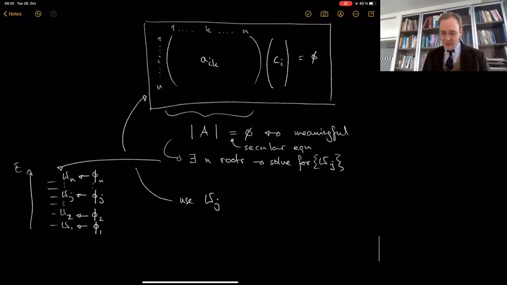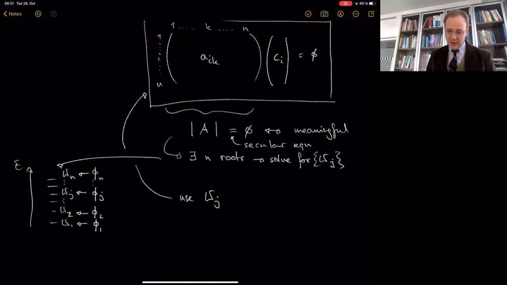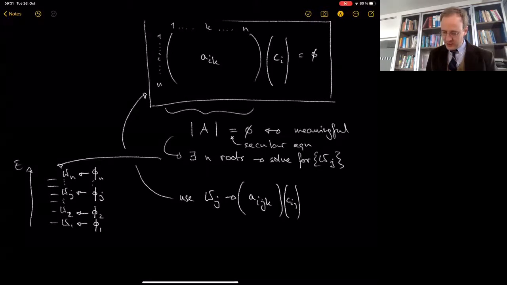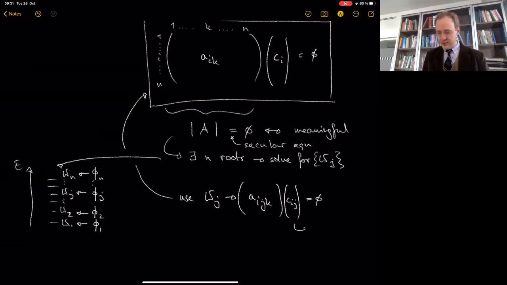So in other words, your matrix now depends on A_ijk, and you multiply it with coefficients C_ij. And this corresponds to your wave function j: sum of C_ij f_i.